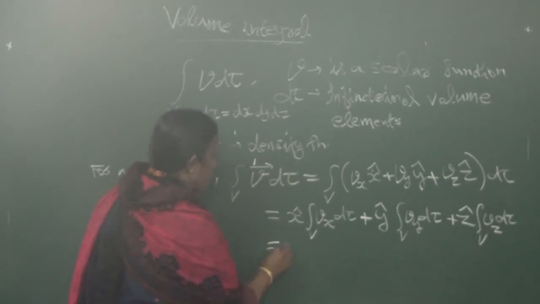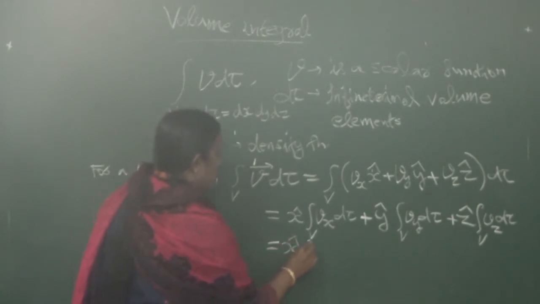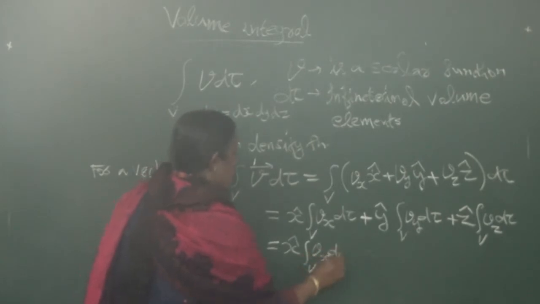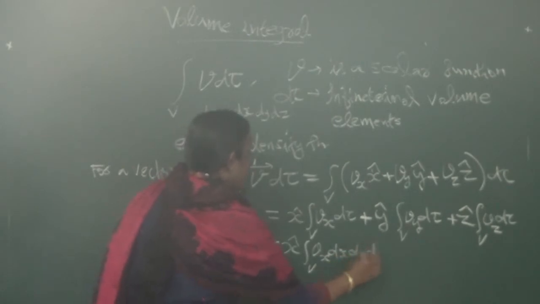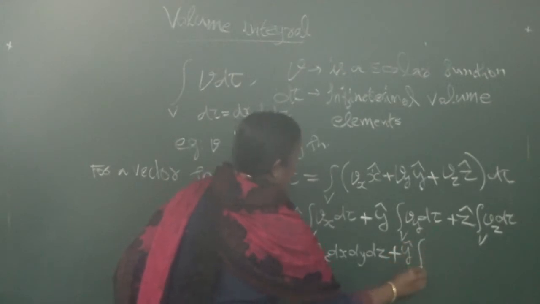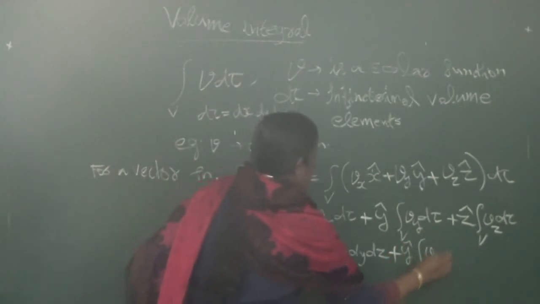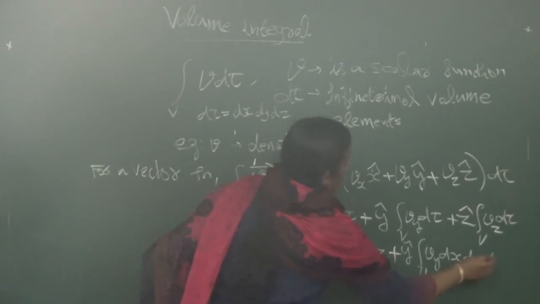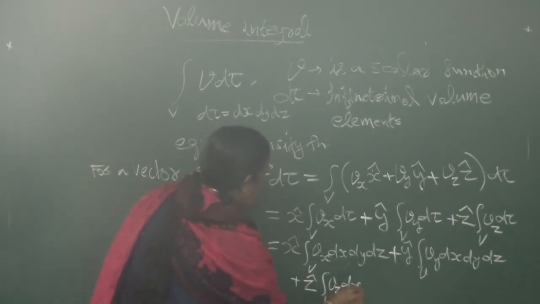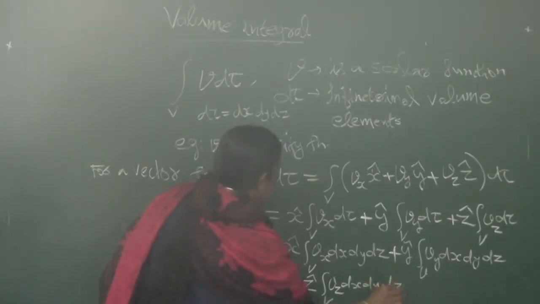Or this gives you x̂ times the volume integral of Vx dx dy dz plus ŷ times the integral of Vy dx dy dz plus ẑ times the integral of Vz dx dy dz.